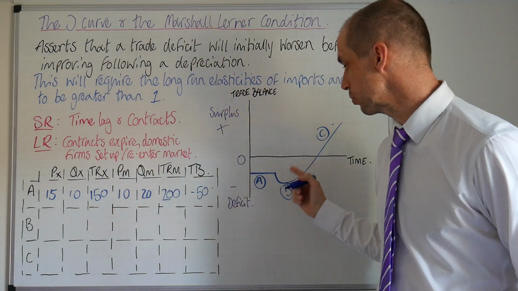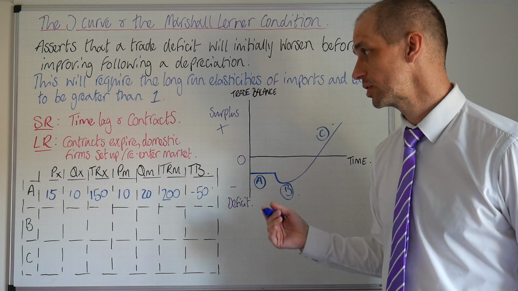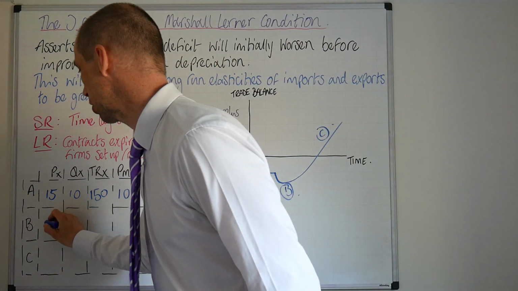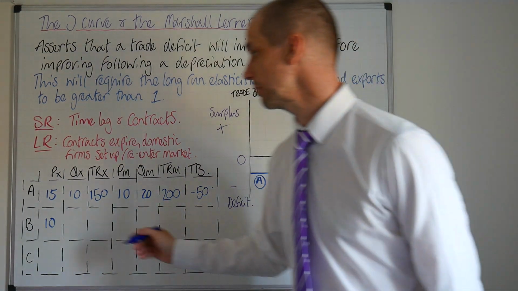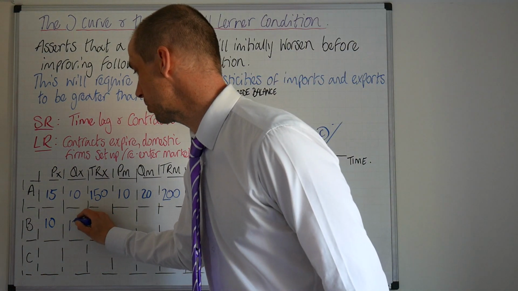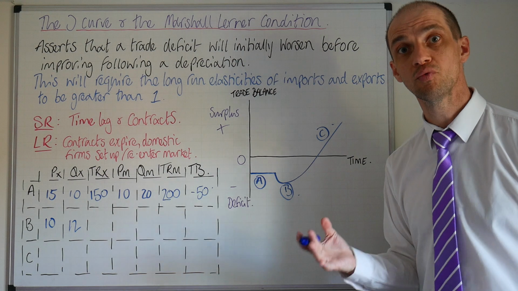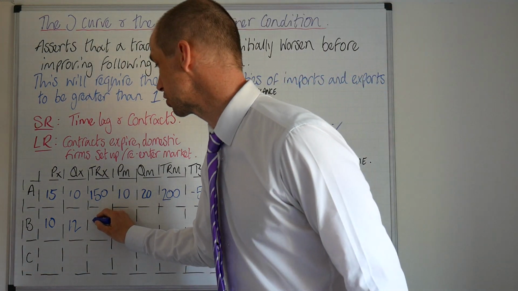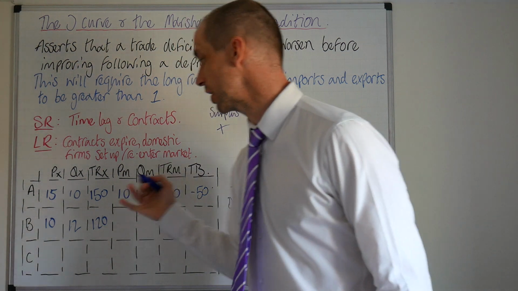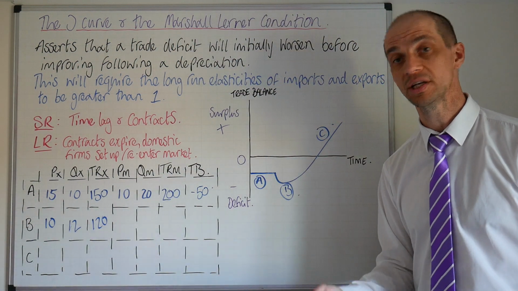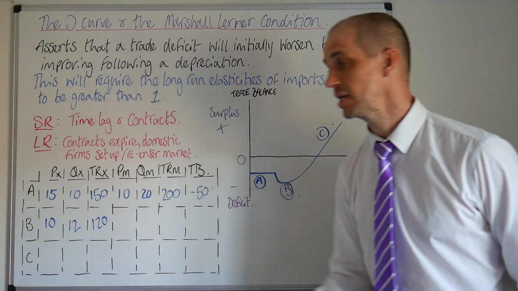Well, firstly, the price of exports in foreign markets might go down to 10 perhaps. Meanwhile, the quantity demanded of those exports might rise to perhaps 12, and we might then see total revenue being generated of 120 now.